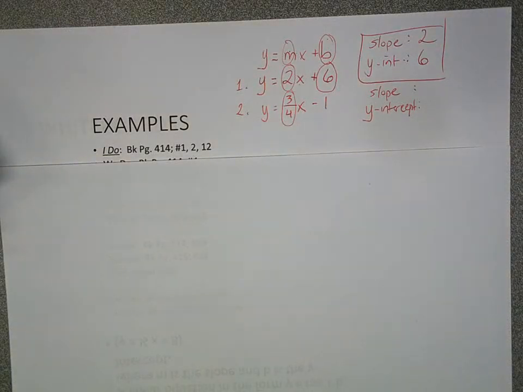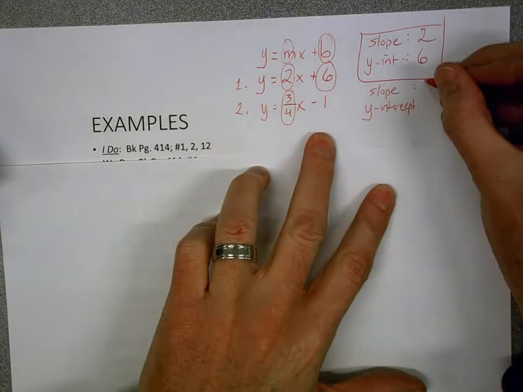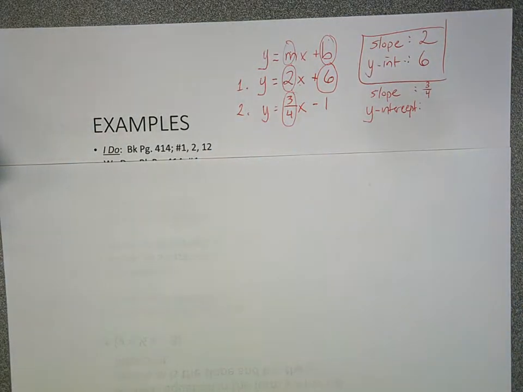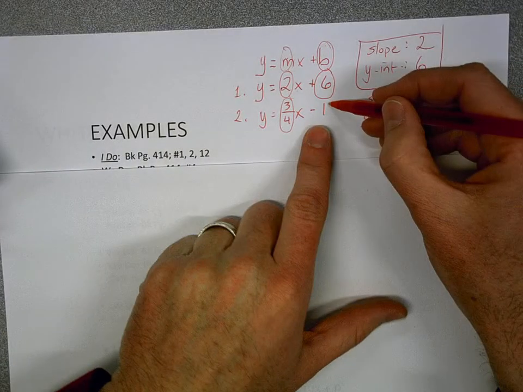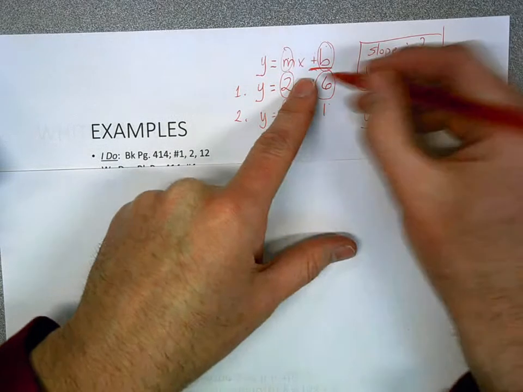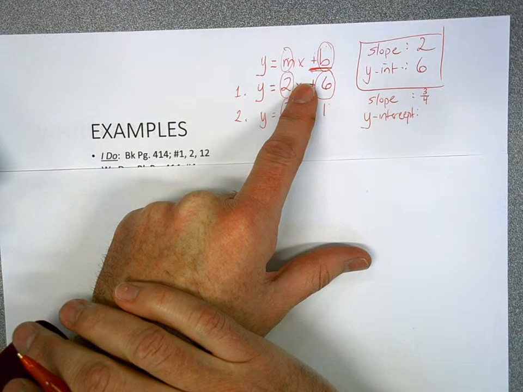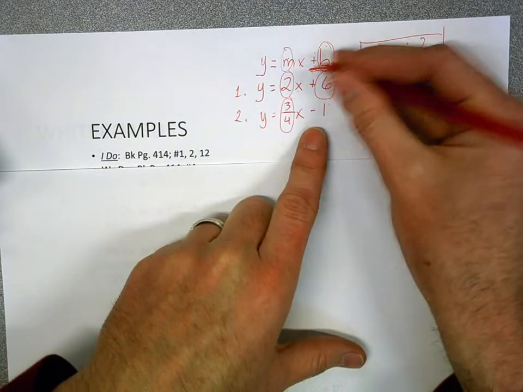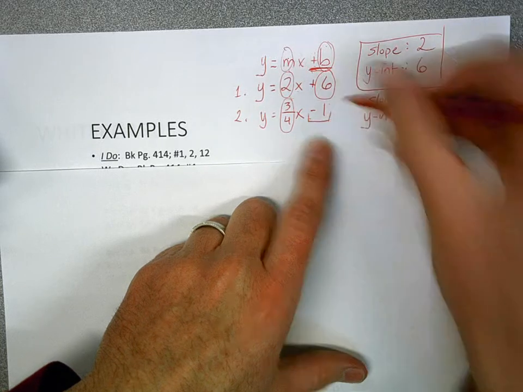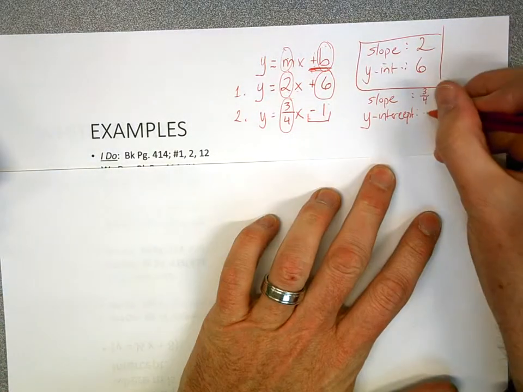Remember, slope a lot of times can be a fraction because it's a ratio of rise over run. And in this case, that's exactly what our slope is. It's 3/4. Rise 3, run 4. Y-intercept is right here. However, notice how the y-intercept in this form is a positive b. That means that this here is our y-intercept, a -1.